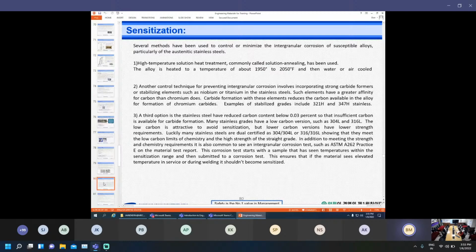Now chromium has made the chromium carbide, so the purpose of chromium is totally gone. To avoid such a situation, you have to add some material that is called niobium, titanium. This is how you make a material good. And the third option is reduce the carbon content. Sometimes you have to mix all these three methodologies to sensitize the stainless steel.